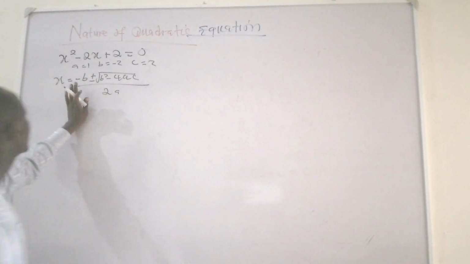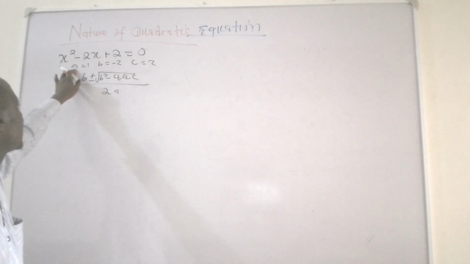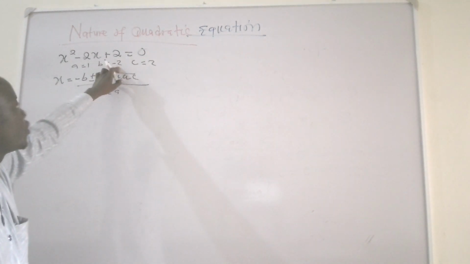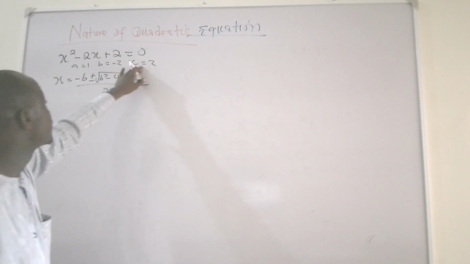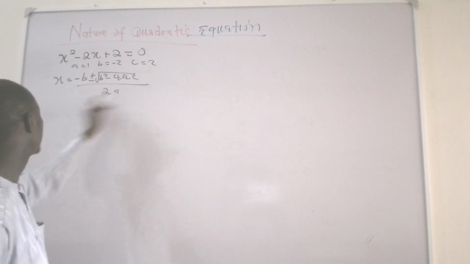So this is the equation: x squared minus 2x plus 2 is equal to 0, and the value of a is 1, the value of b is minus 2, and the value of c is 2. So now, what are we going to do? We have our formula, so we just substitute.